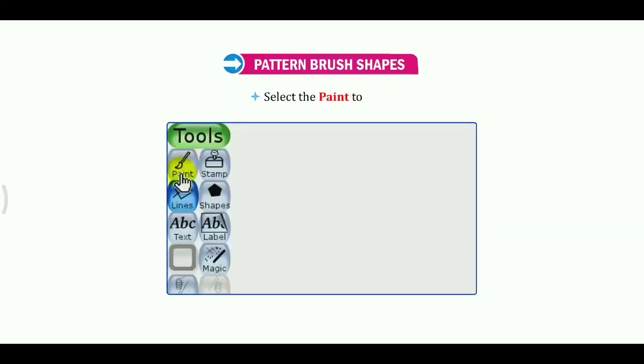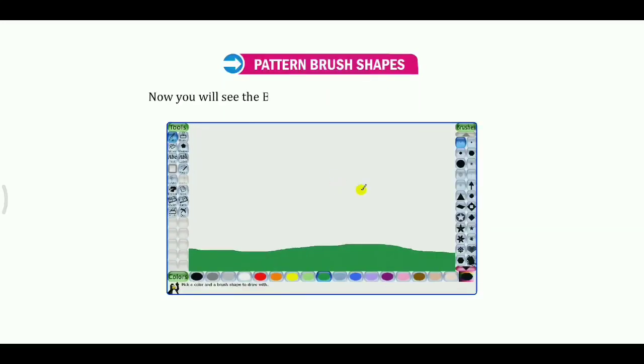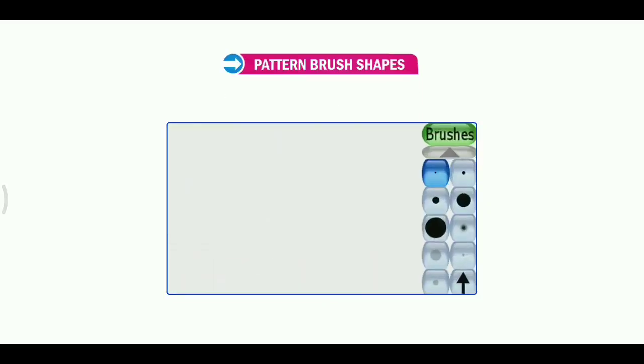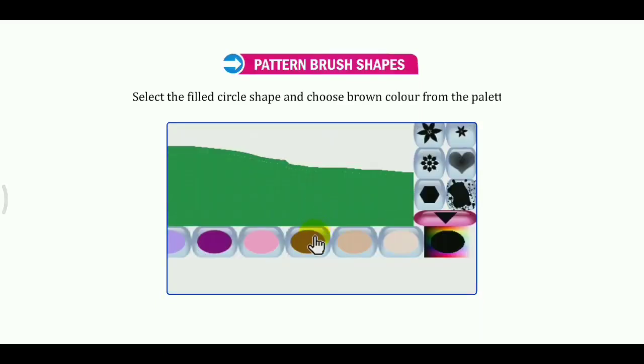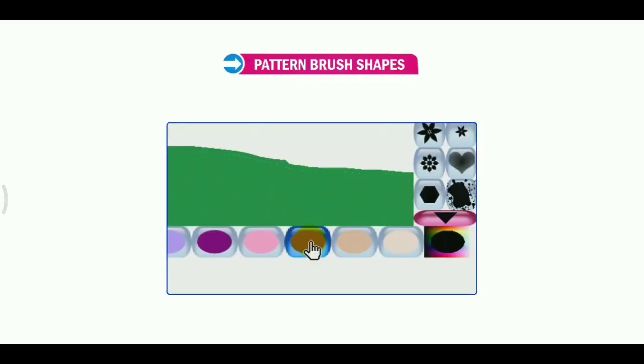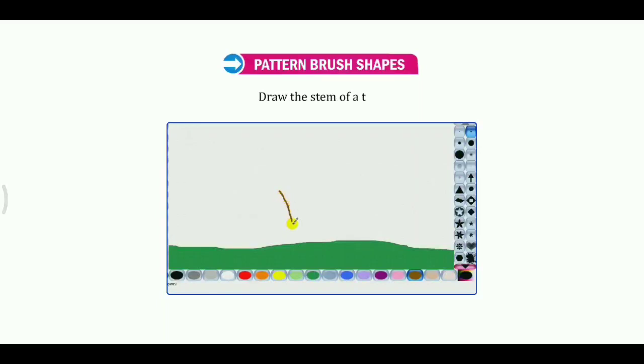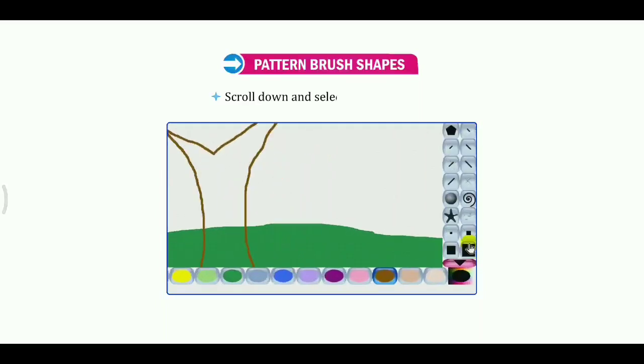Select the Paint tool. Now you will see the brushes sub toolbox on the right hand side. Select the filled circle shape and choose brown color from the palette. Draw the stem of a tree. Scroll down and select the vine shape.